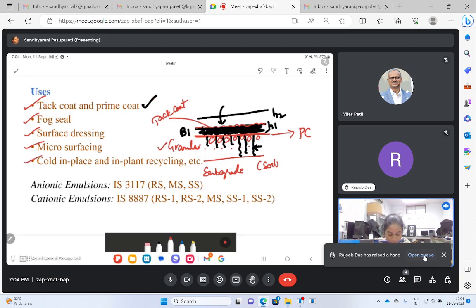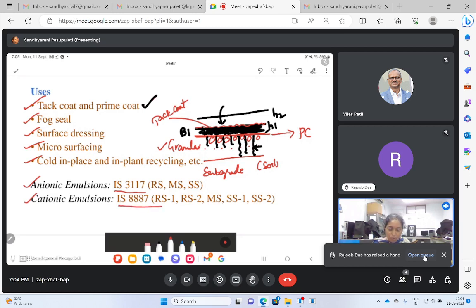Wherever we want to do recycling, in this cold construction, if we do not want to increase the temperature, we can always go for emulsion. In India, for anionic emulsions and cationic emulsions, we have exclusively separate code books: IS 3117 for anionic emulsion and IS 8887 for cationic emulsion.